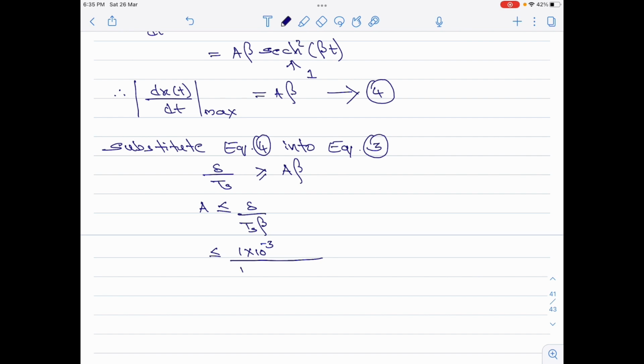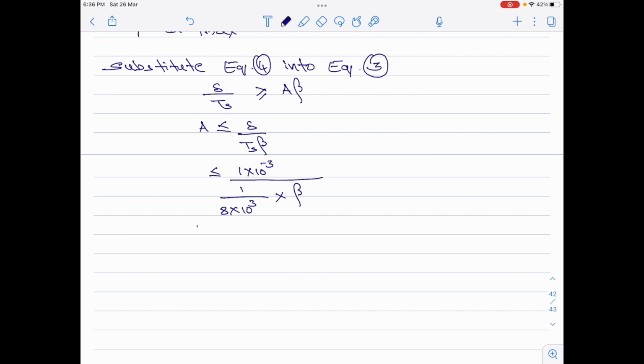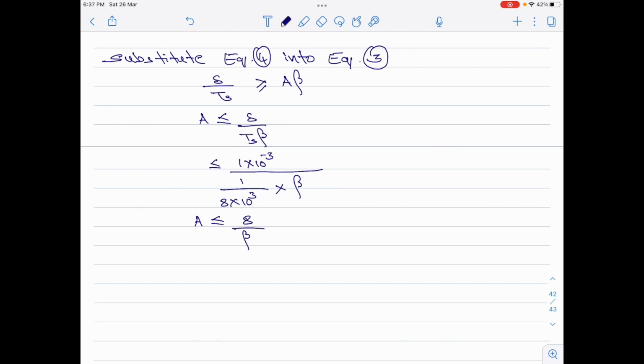So, this will be 1 divided by Fs value is 8 kilohertz multiplied by the value of beta, which is not given in the numerical, so I will retain it in terms of beta itself. Therefore, the value of A is given by A is less than or equal to 8 divided by beta. Right, that is about the answer for the part B of the question.